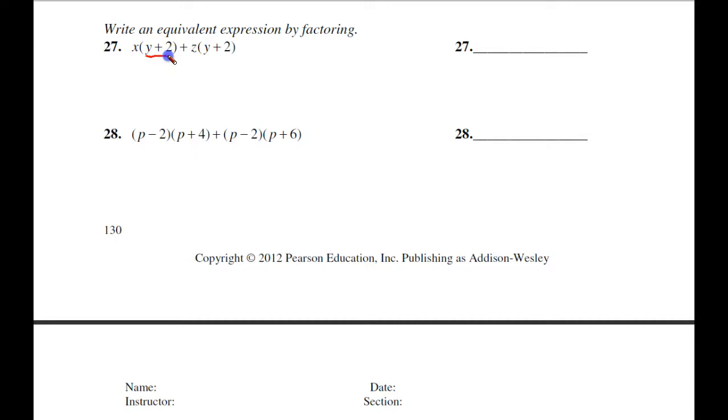Well, here, this is a common factor in each one. And if you recall from the previous lesson, we said we could factor these out. And I will, right here. So this is y plus 2.